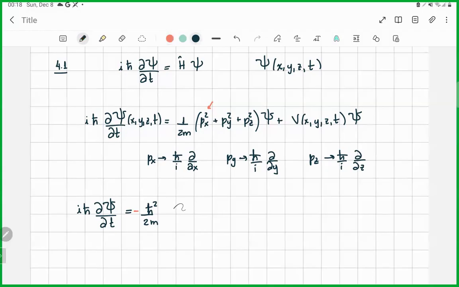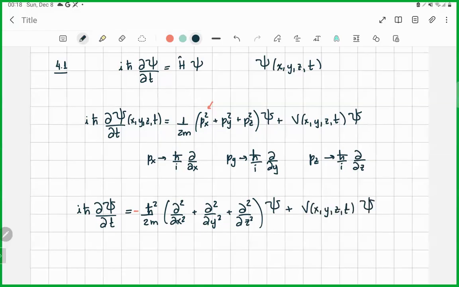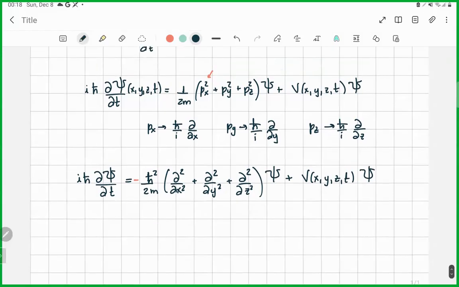And then we have the 3 second order derivatives, all acting on the wave function, and that potential on the wave function. Okay, so things now that are very useful.